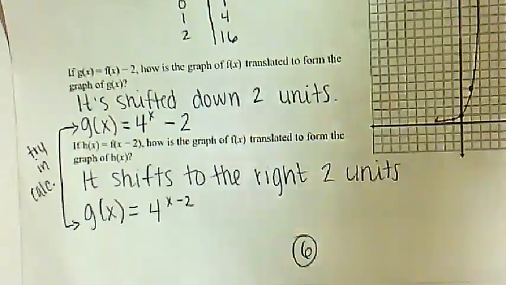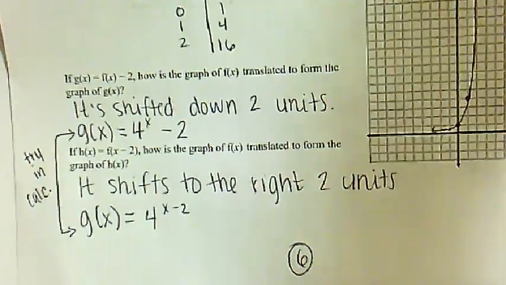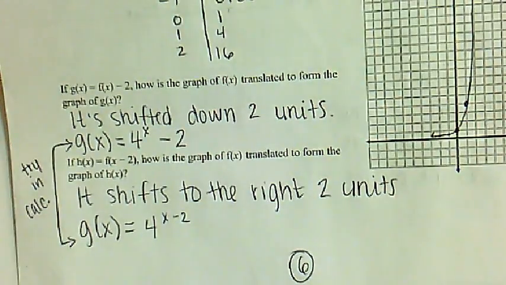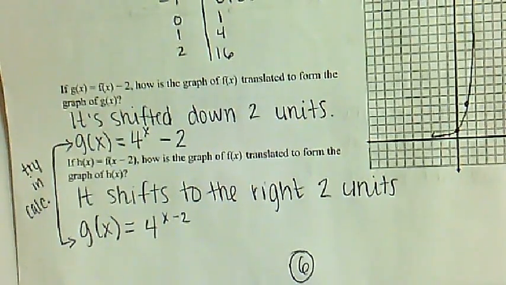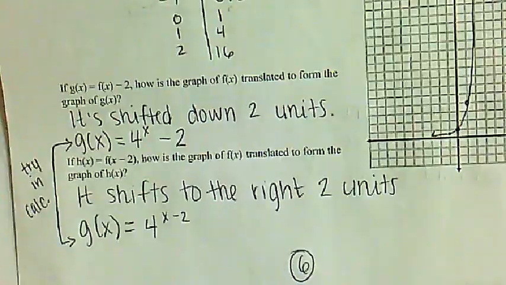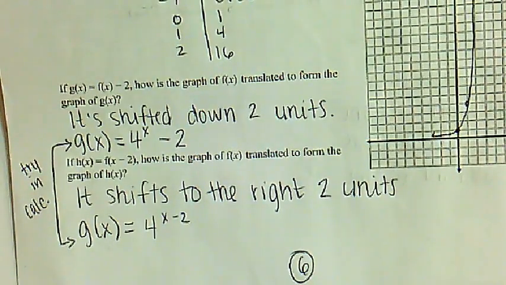Okay, so now what I want to show you. For the next portion of this, I want you to do this in your calculator. You can draw on your graph if you want, but I want you to do it in your calculator. If you were to put this in your calculator, we want to know if g of x is equal to f of x minus 2. So we rewrite our f of x, which is 4 raised to the x power.